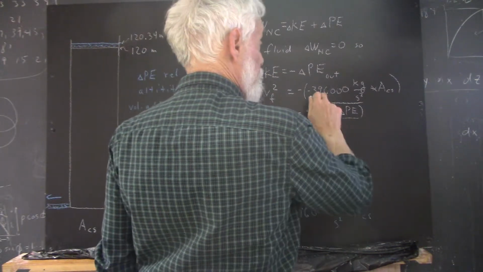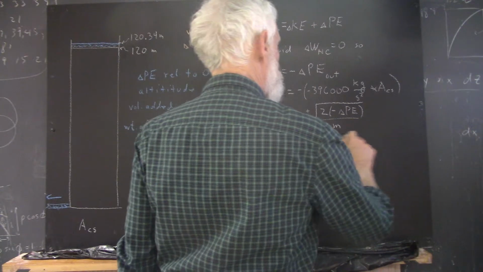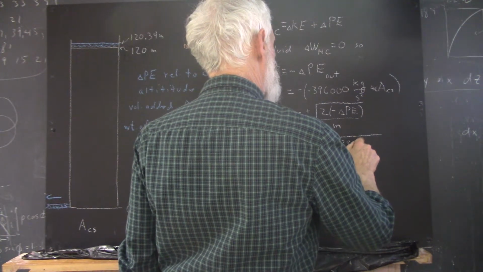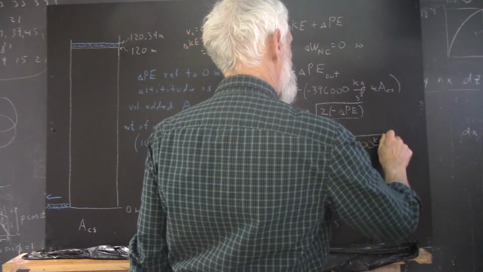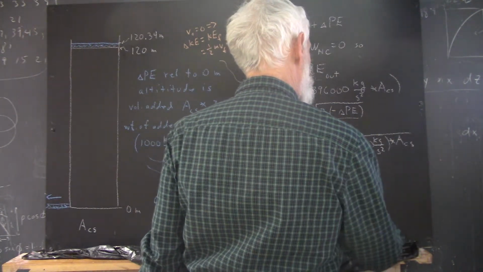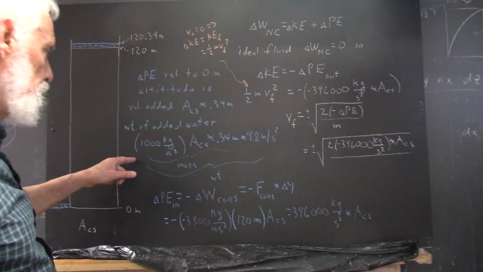Okay, the change in potential energy, well, I wrote it in here. It's plus or minus the square root of 2 times negative 396,000 kilograms per second squared times the cross-sectional area divided by the mass. Well, the mass is right here.